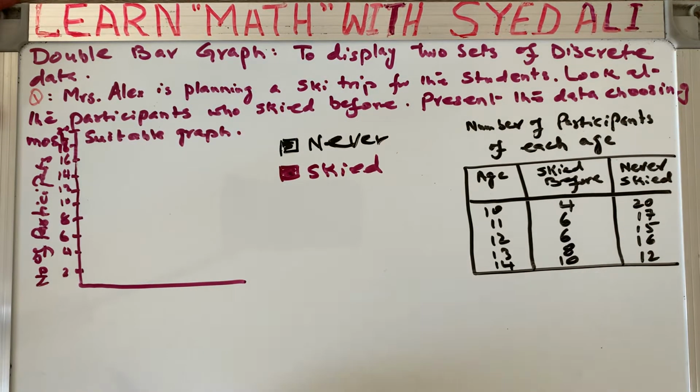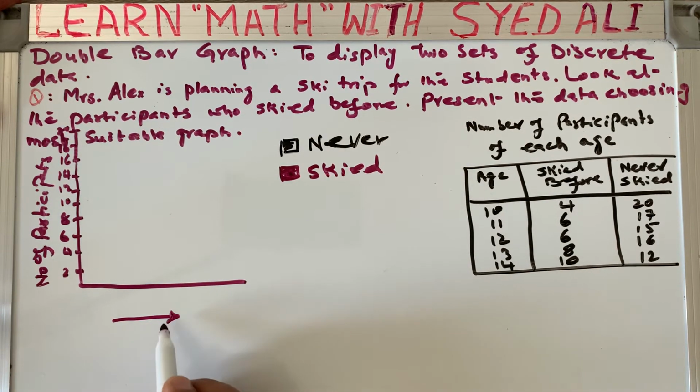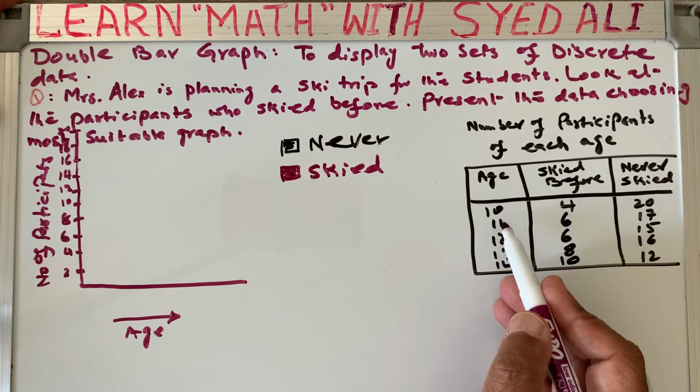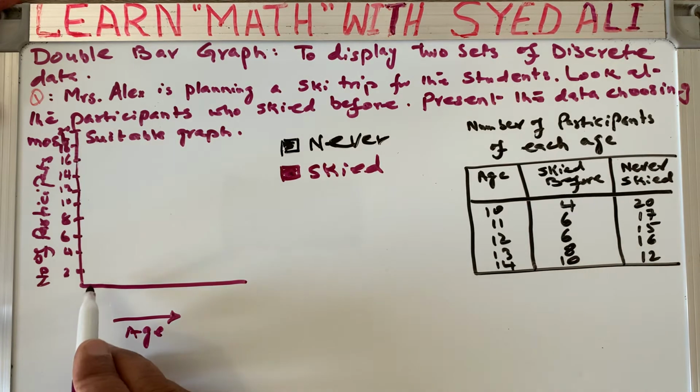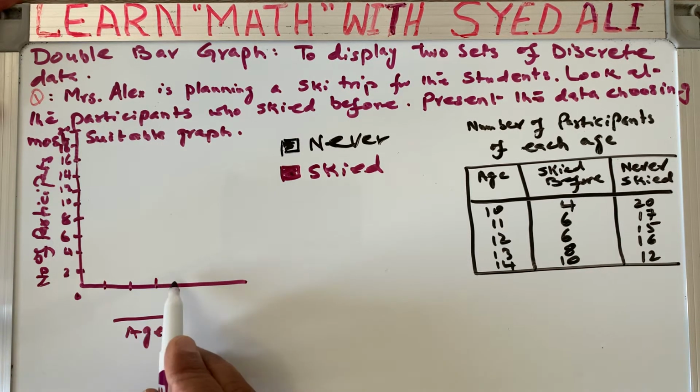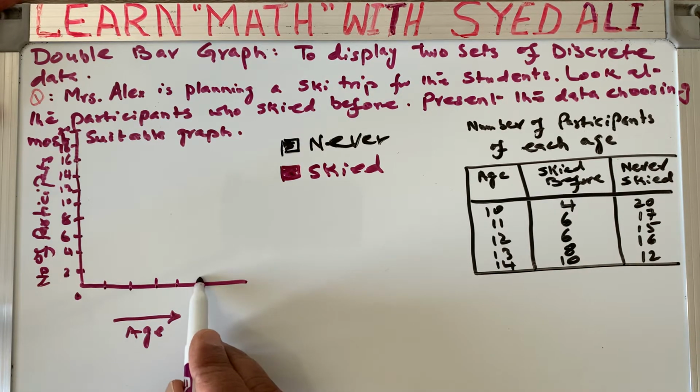I have to plot up to 20, and in this direction I can put the age of the participants. For age, I can put where age starts, like 10, and then 11, 12, 13, 14.